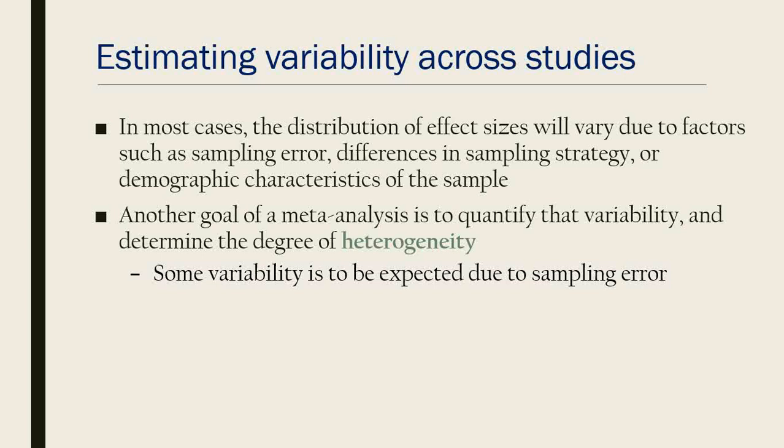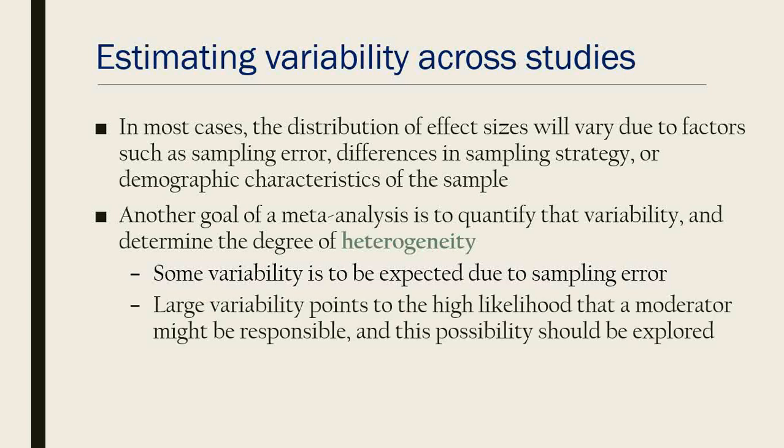Some variability, of course, is to be expected due to sampling error. But when we talk about heterogeneity, we're talking about variability that's due to other factors. Large variability points to the very high likelihood that a moderator may be responsible, and this possibility should be explored.